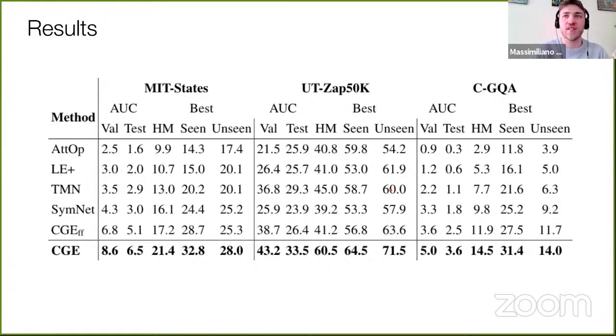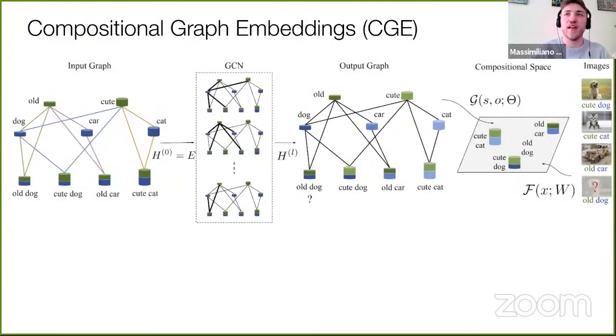So maybe it's better to see it here. In our data set, we have a set of seen and unseen compositions. And we know that there is cute dog, for instance. So since we have cute dog, cute and dog are connected.